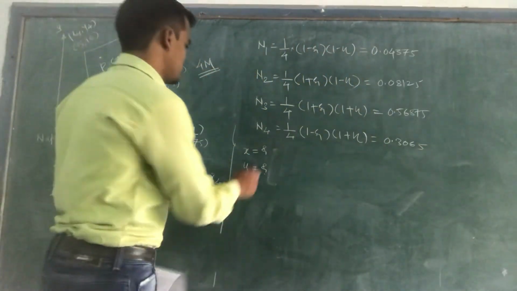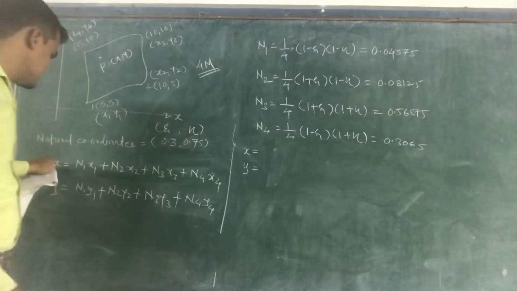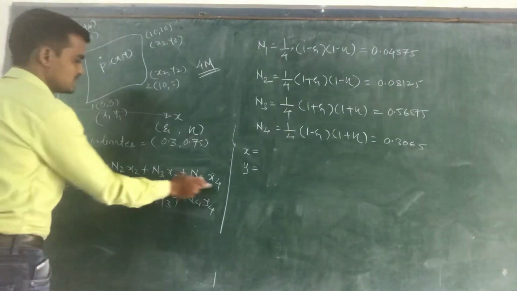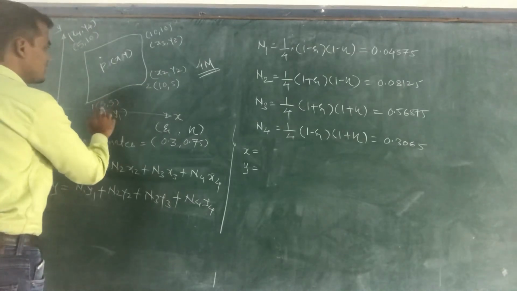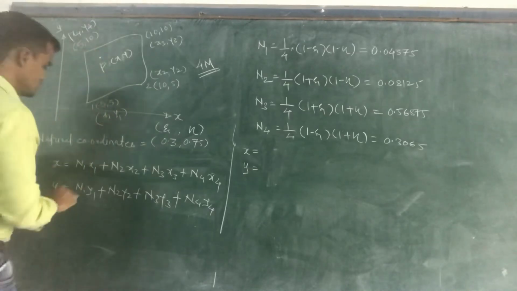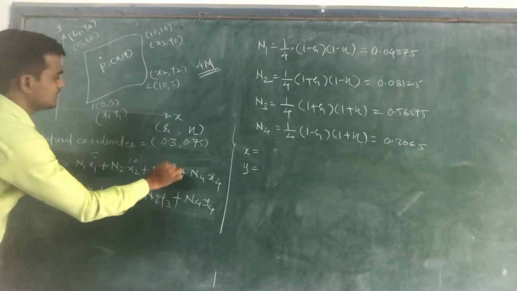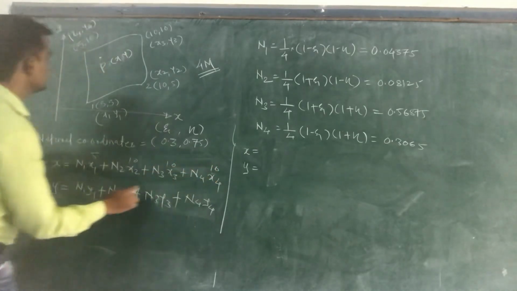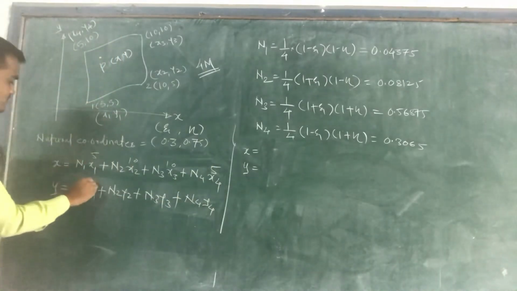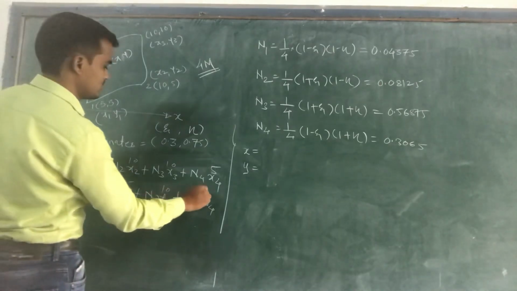Now by putting these N1, N2, N3, N4 into the x and y equations, where the x values x1, x2, x3, x4 are given: x1 is 5, x2 is 10, x3 is 10, and x4 is 5. Similarly the y values are 5, 5, 10 and 10.